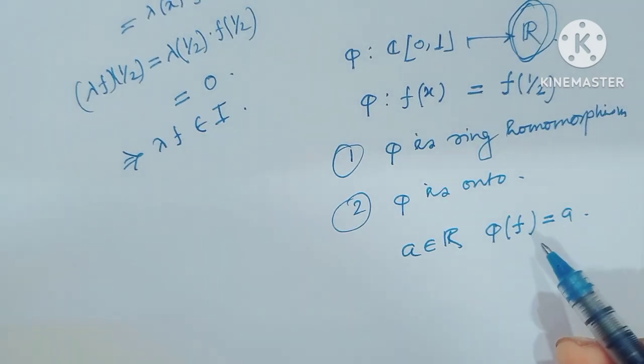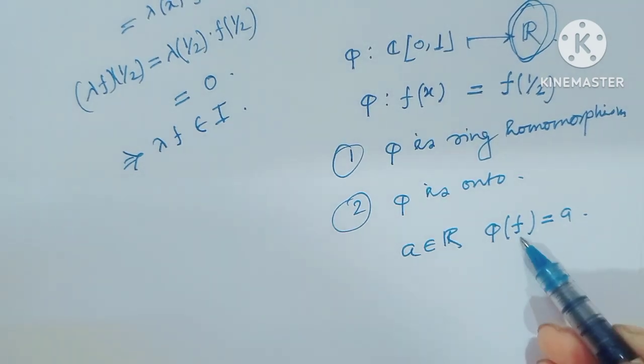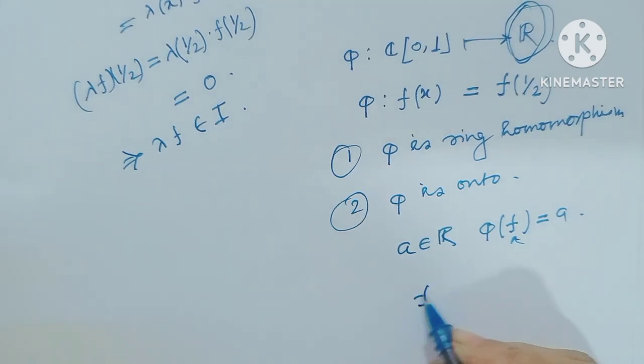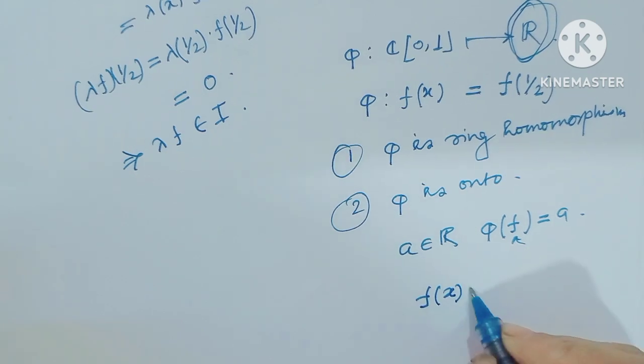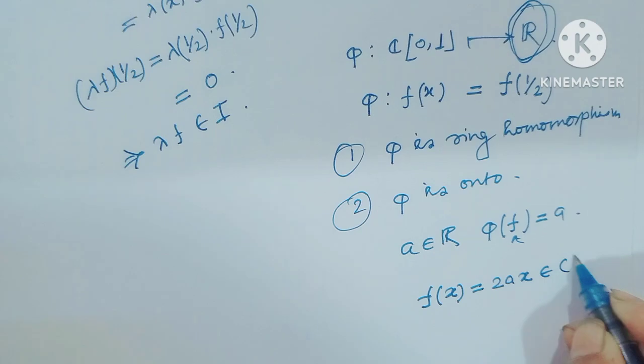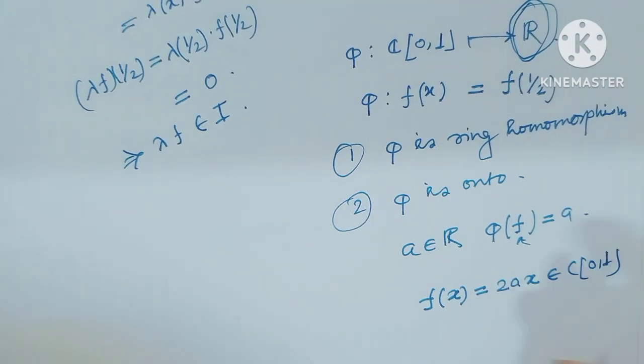For this, how does f look here? f(x) equal to 2ax, and this belongs to C[0,1] obviously.